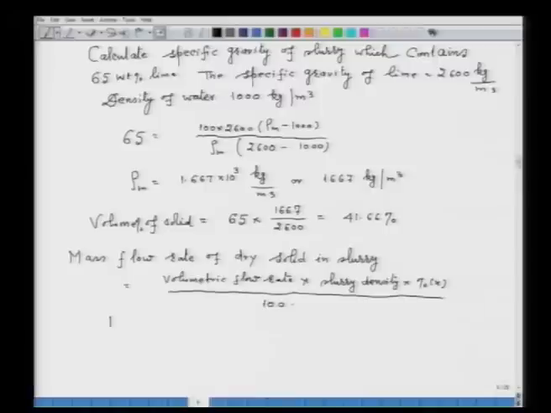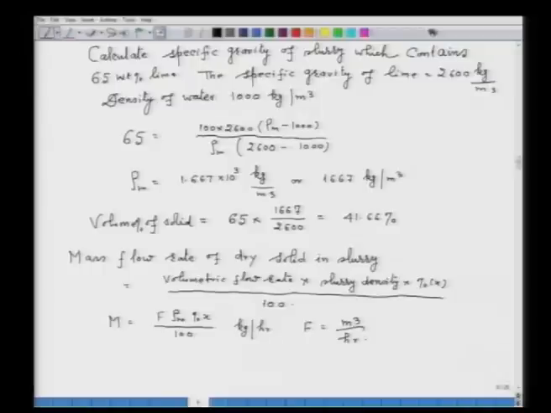So, in terms of formula, m is equal to F, which is the volumetric flow rate, times rho m, the density of slurry, times x upon 100, in kilogram per hour, where F is in meter cube per hour.